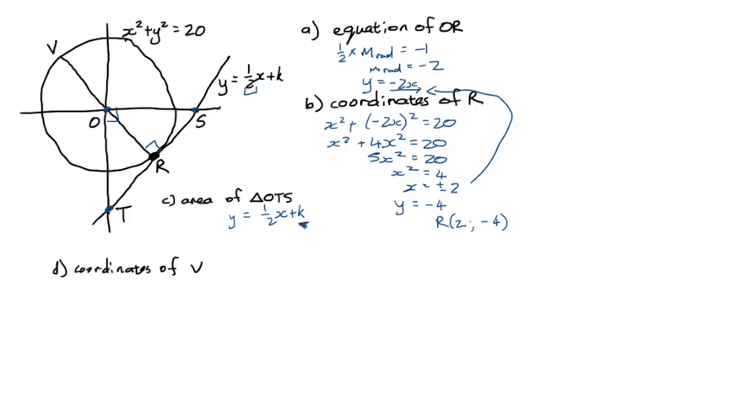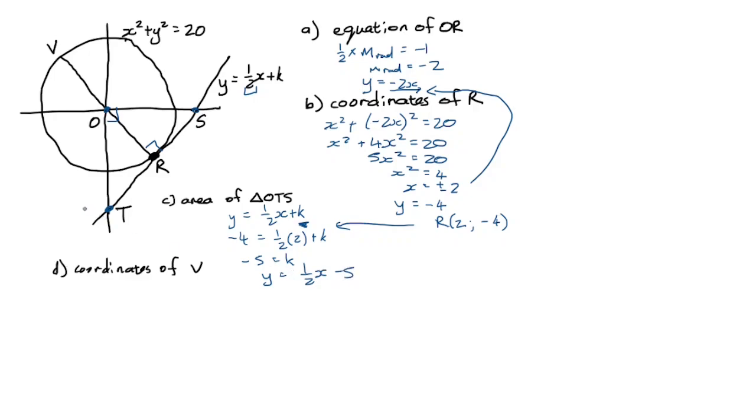Any graph, if you're ever missing a letter, you substitute in a point. So I'm going to substitute in R, which is a point on the tangent. So the y is -4, the x is 2. Half of 2 is 1. When I take it across, it becomes -5. And so the equation of the tangent is y equals half x -5.